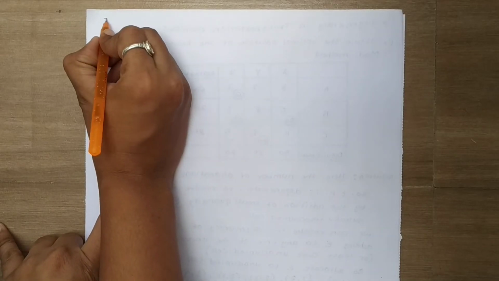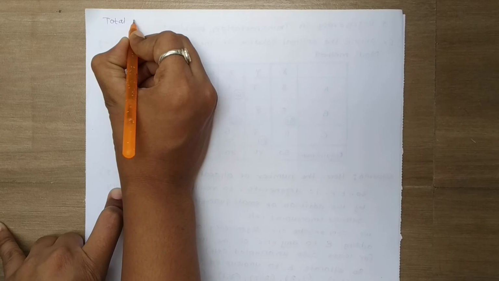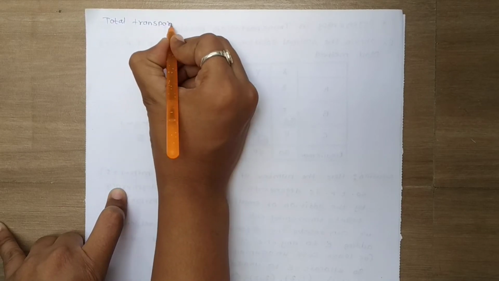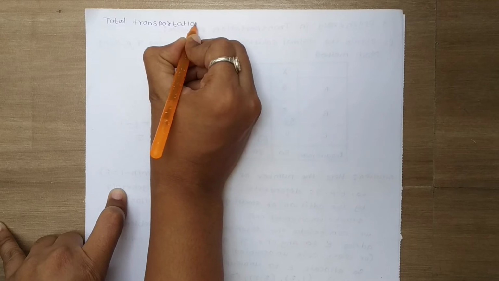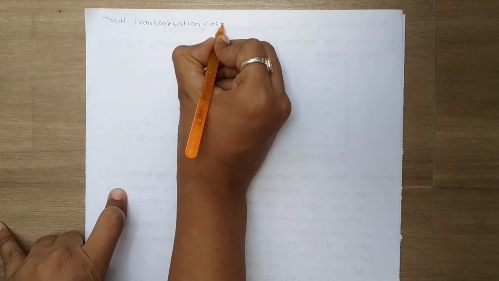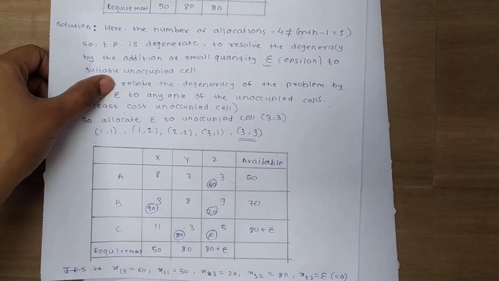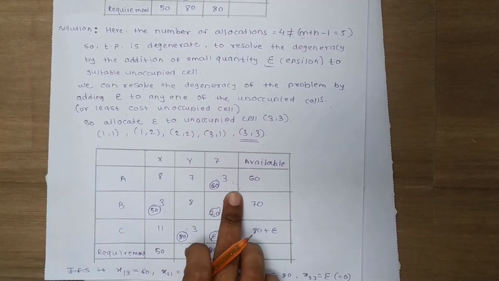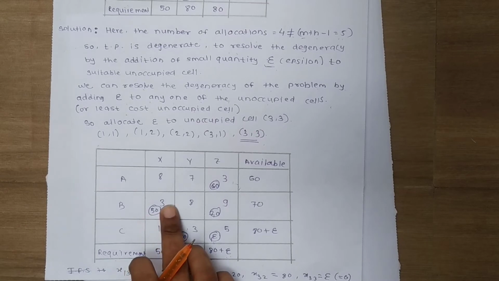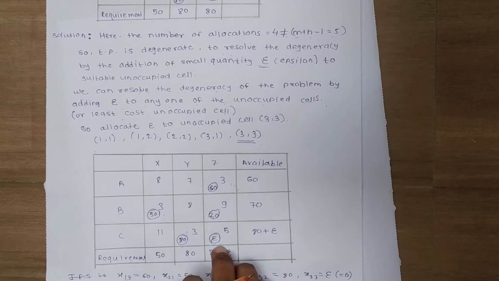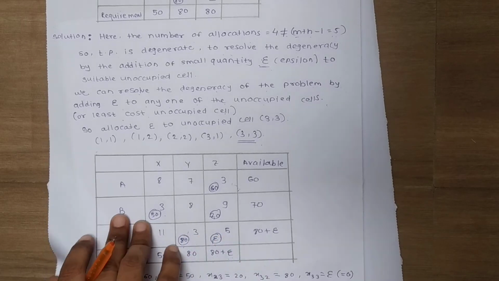So total transportation cost equals 60 into 3 plus 50 into 3 plus 20 into 9 plus 80 into 3 plus epsilon into 5.